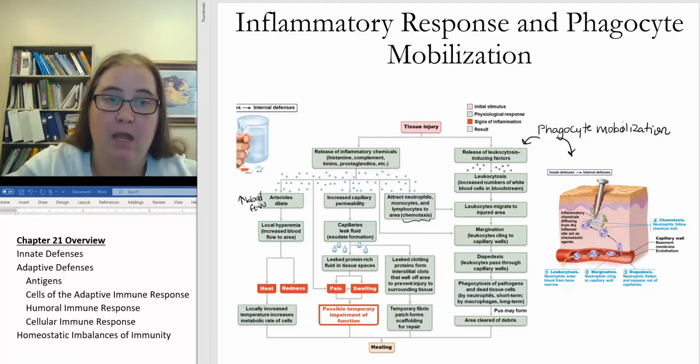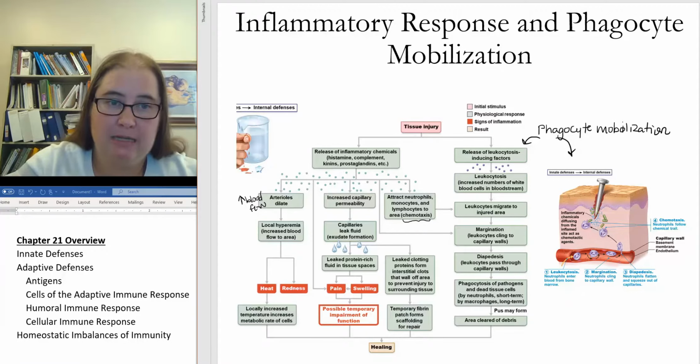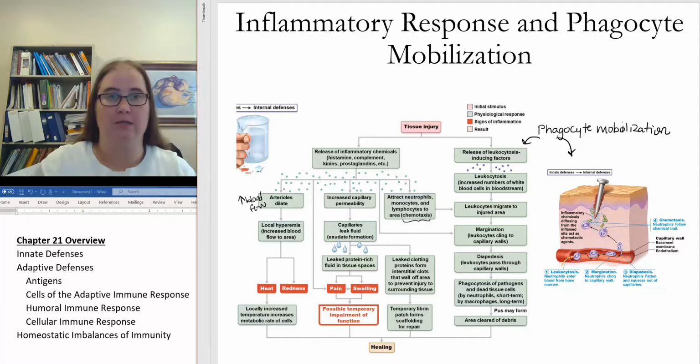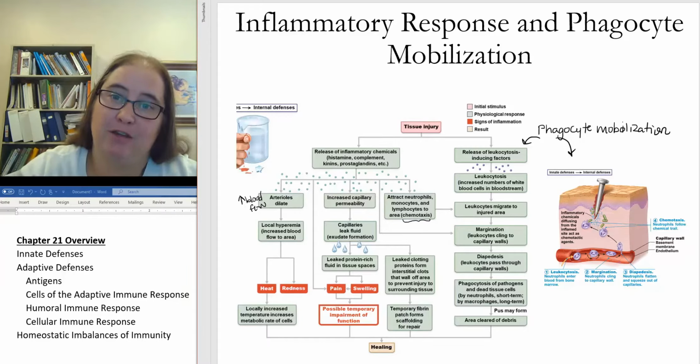Okay. And what happens is once we get leukocytes, that's going to include our monocytes, our neutrophils. Once that happens, these white blood cells will start cruising along the bloodstream, just like, where is it? Where is it? Where is it? Right? And as they get closer to the site of injury, the chemicals being released by the damaged tissue will cause these leukocytes to attach themselves to the edge of the capillary wall.